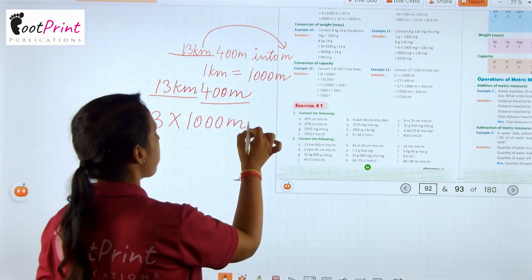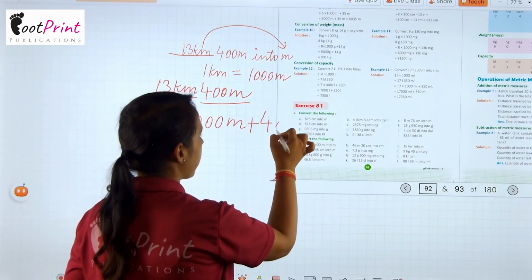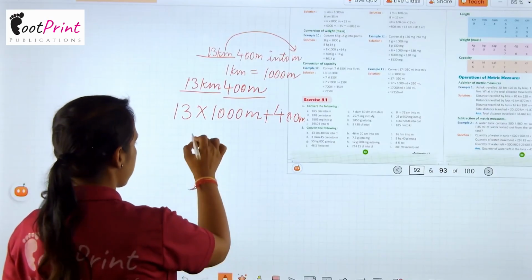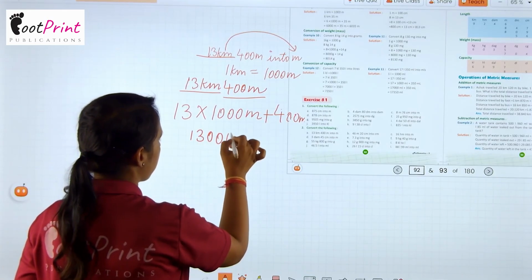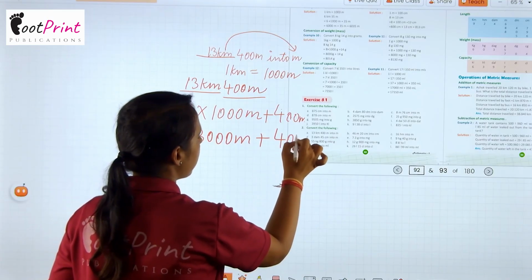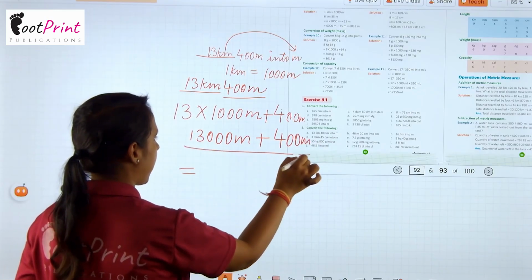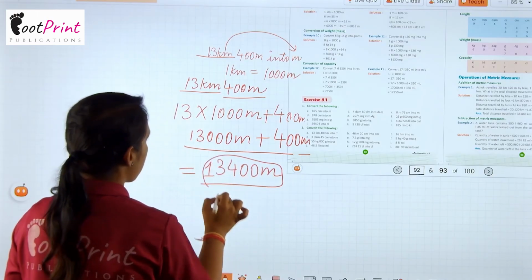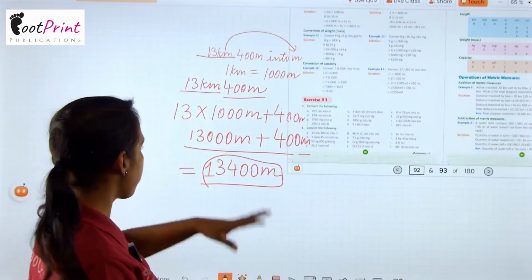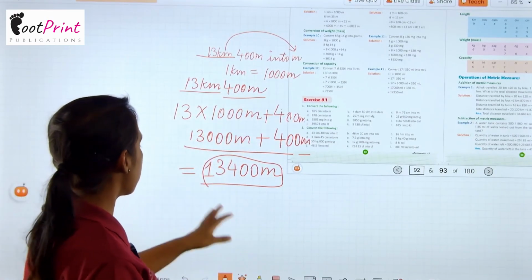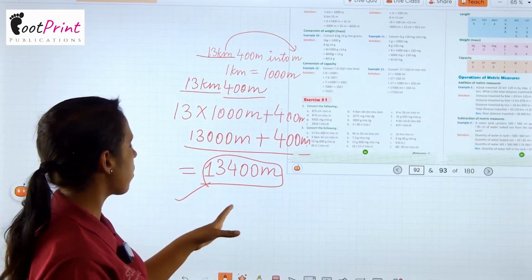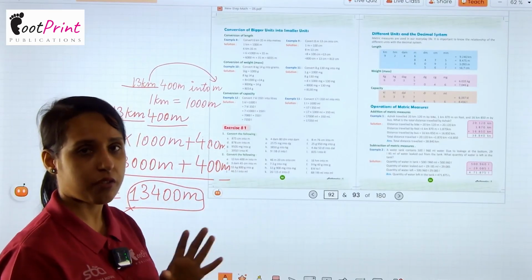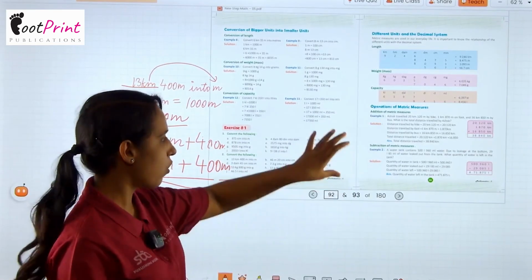And 400 meter is already in meter, so we write it as it is. Now 13 multiplied by 1000 means 13,000 meter plus 400 meter. After adding it, we get 13,400 meter. So one part of this question I have solved for you and the rest of the parts you solve by yourself.